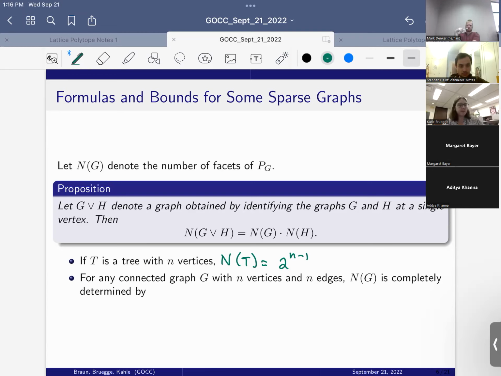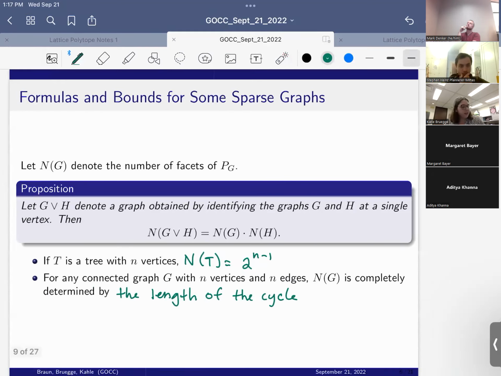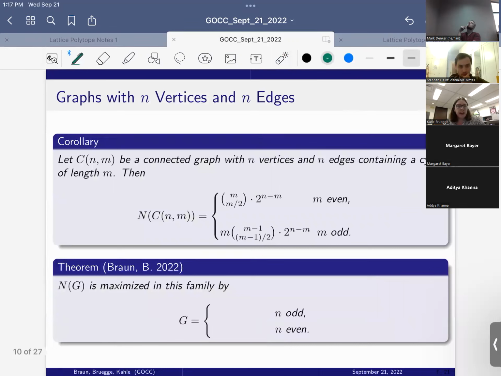Okay. And for a connected graph G with n vertices and n edges, right, this is a tree where we have added one more edge somehow, n of G is completely determined by the length of the unique cycle in G. We'll write that in, length of the cycle. And this being completely determined, we can formalize a little bit in this corollary.